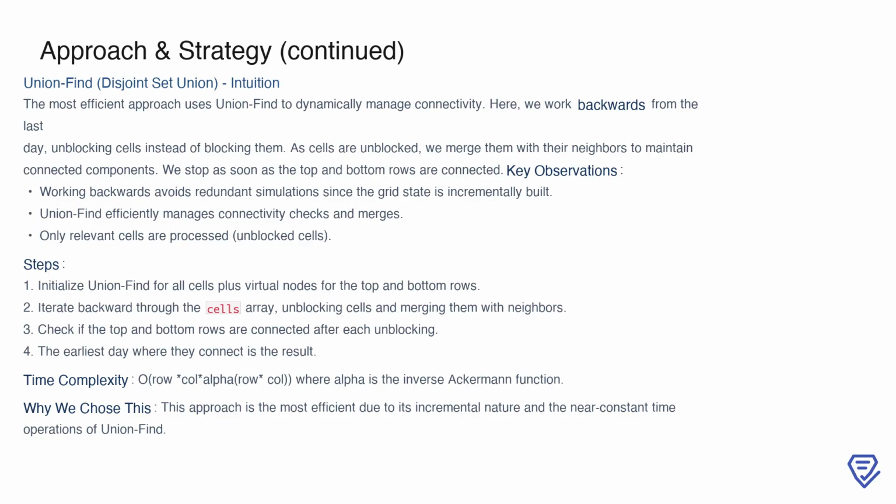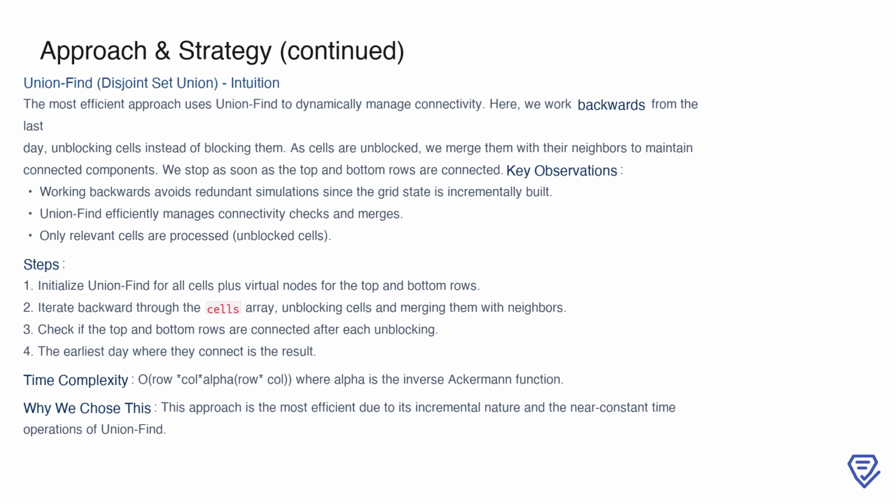This approach has several advantages. First, working backwards eliminates redundant simulations because the grid state is incrementally built as cells are unblocked. Second, the union find data structure is highly efficient for managing connectivity checks and merges, as its operations are nearly constant time. Importantly, we only process relevant cells, those that are unblocked, which reduces computational overhead.